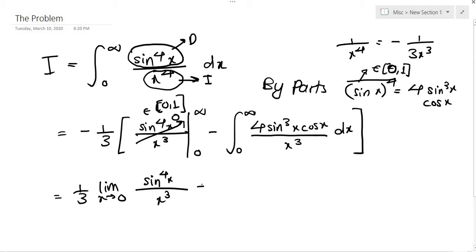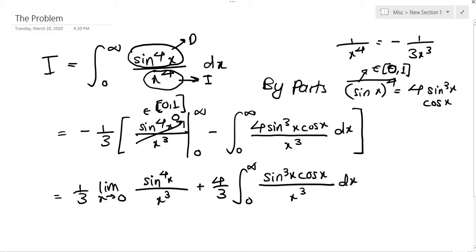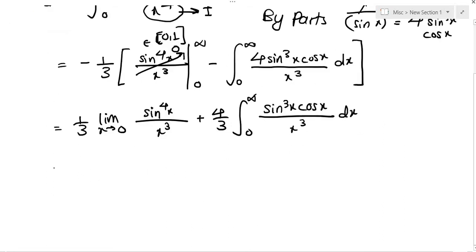Minus and minus will make it a plus 4 over 3 times the integral from 0 to infinity of sine cubed of x times the cosine of x divided by x cubed dx. Well, we know a great property that sine of x over x, as the limit as x approaches 0, is 1.